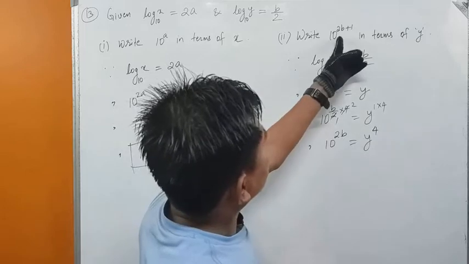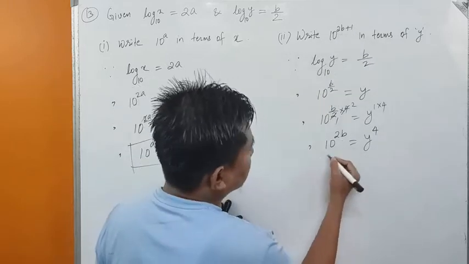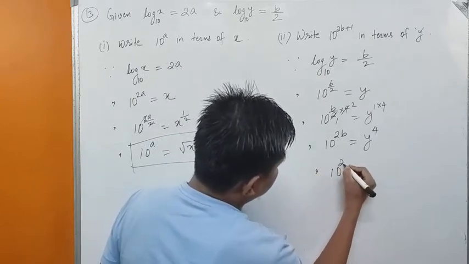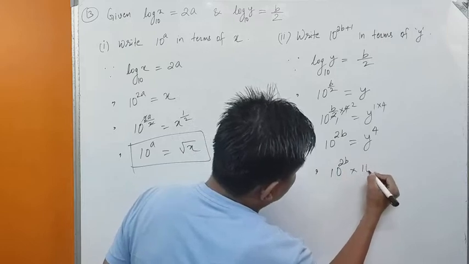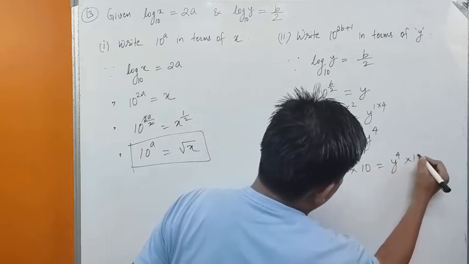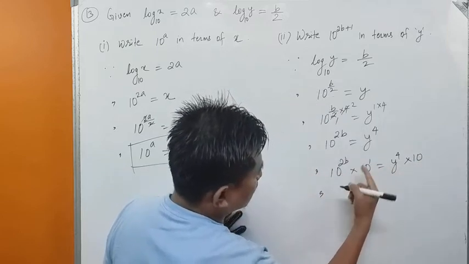But we need 10 to the power 2b plus 1. We have 10 to the power 2b. Now let us multiply both sides of the equation by 10. Okay, so 10 to the power 2b into 10 equals y to the power 4 into 10. The power of this 10 is not given, which means 1.